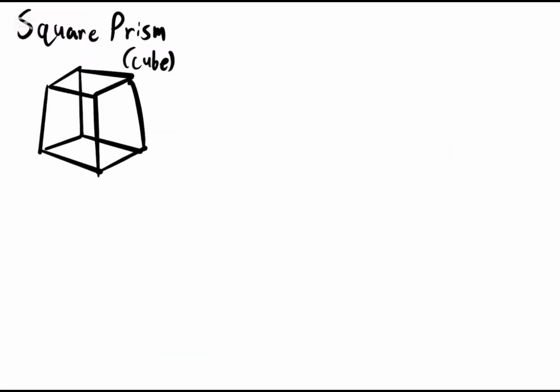Now we'll be showing how to find the surface area and volume of a square prism or a cube. So, first we're going to do S for surface area equals 6 a squared.